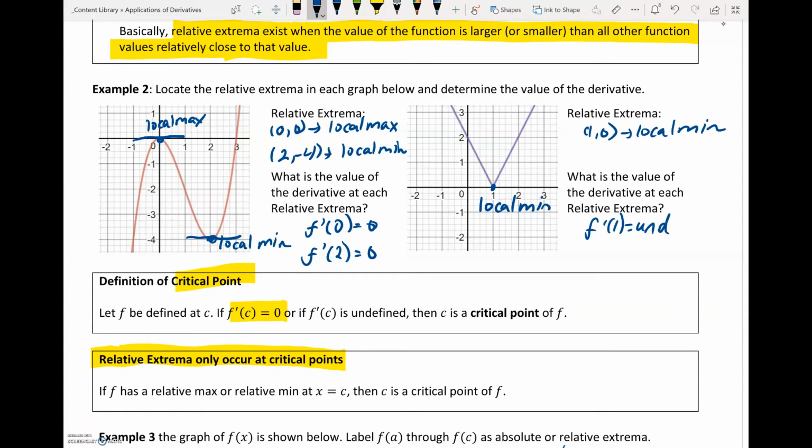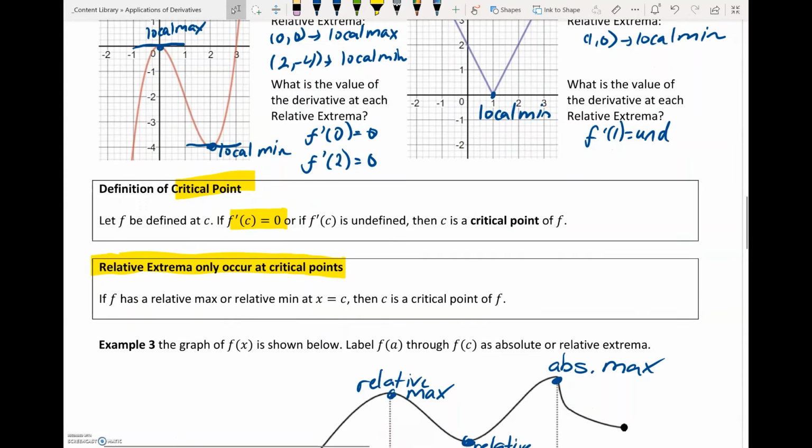Then this is called a critical point of f. So that means x equals 0 and x equals 2 are critical points of this graph on the left side, versus x equals 1 on the right side is a critical point for that absolute value graph.